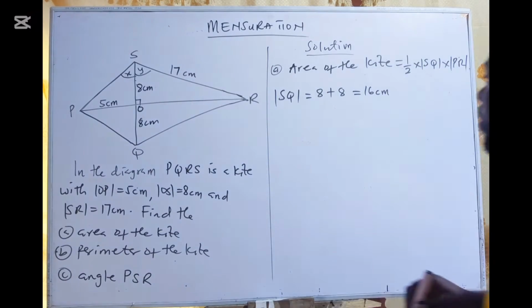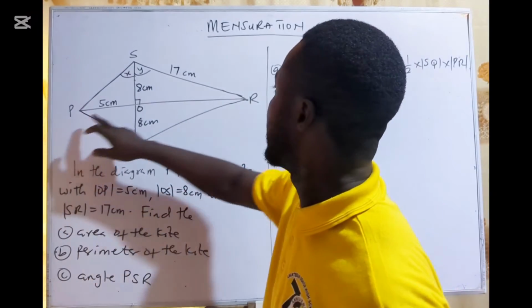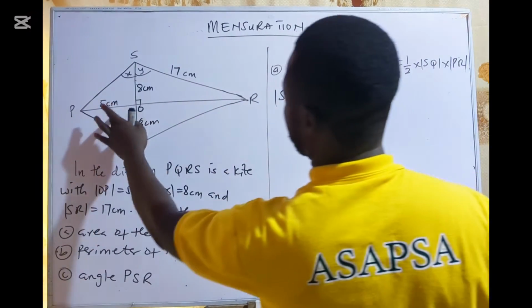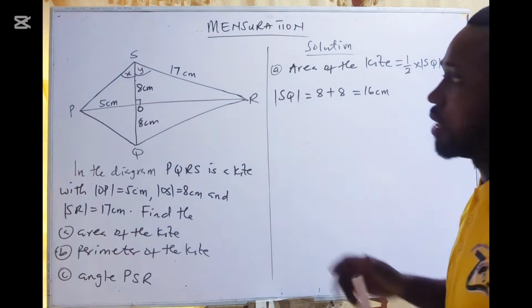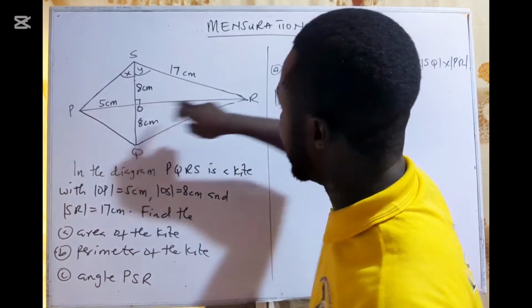Then what is left is our PR. So we know here is 5. What is left is here, so we can use the Pythagoras theorem and find OR, so that we can get the diagonal PR.